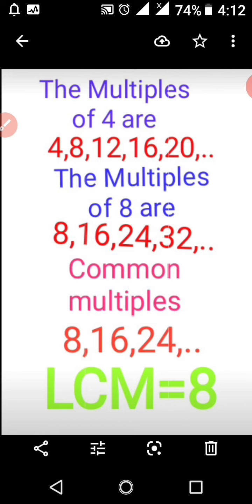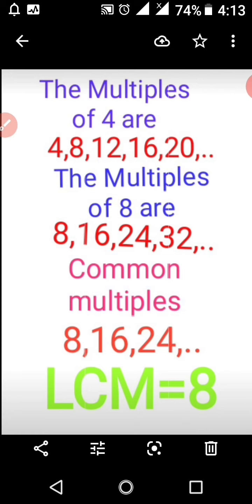Now, if you observe the multiples of 4 and the multiples of 8, some multiples are common in both lists. What are they? 8 is common in both, 16 is common in both. If you write some more multiples, 24 is common, 32 is common, 40 is common, like this. There is no need to write all the common multiples. What is the first common multiple?